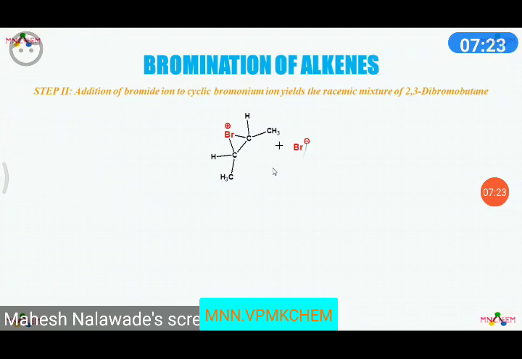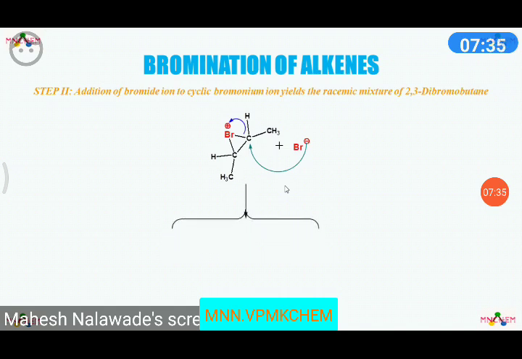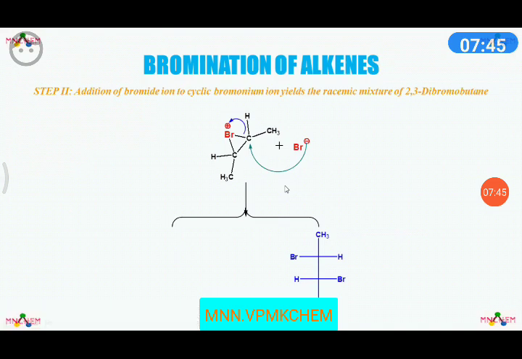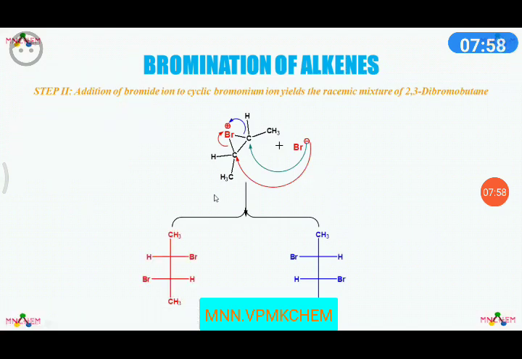So in the first case, if the bromide is added to this carbon and the cyclic bromonium ion ring opens in this manner, we'll get this as a product. In the second case, if the bromide is added to this other carbon, then the cyclic bromonium ion will open in that manner and we get this other product.